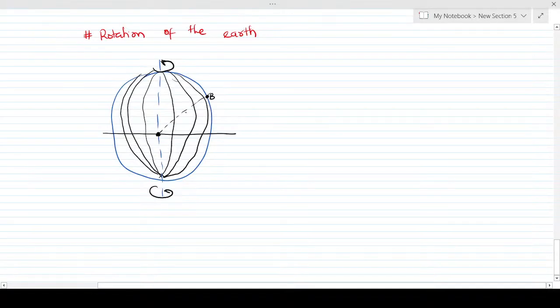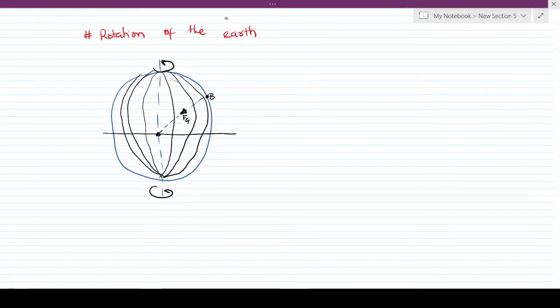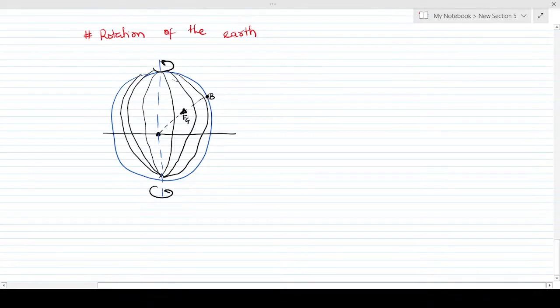Let me call it Fg. Now, as the earth is rotating, a centrifugal force will be generated that will try to throw the object away from the Earth's surface. So this is a centrifugal force. It tries to throw the body away.